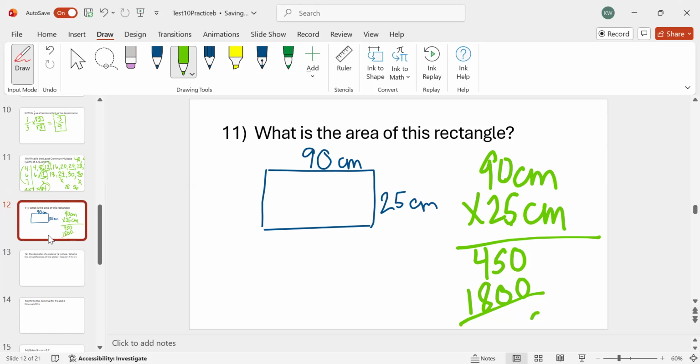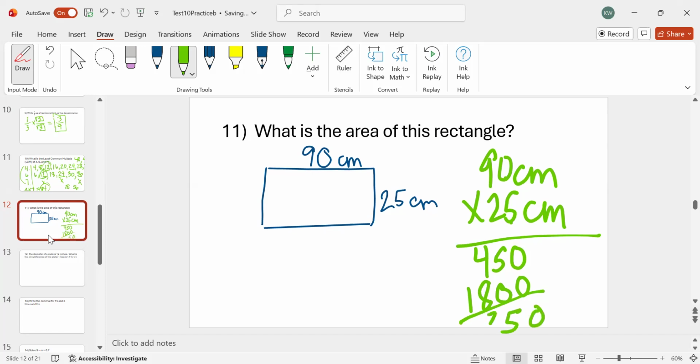Add them up. 0, 5, 12, 2. So we get 2,250 centimeters, and that is centimeters squared.